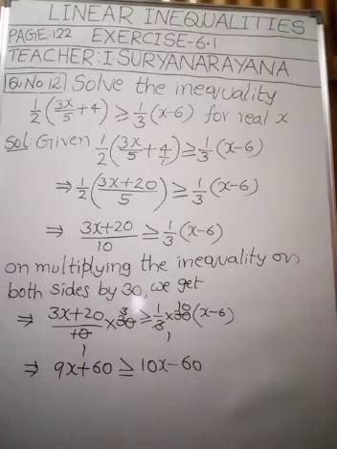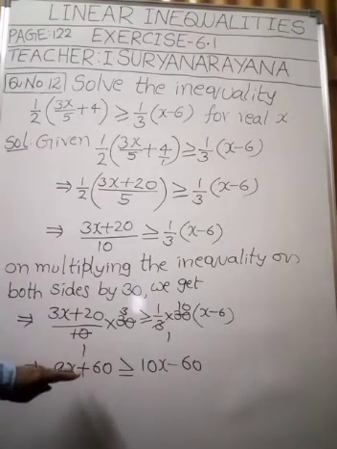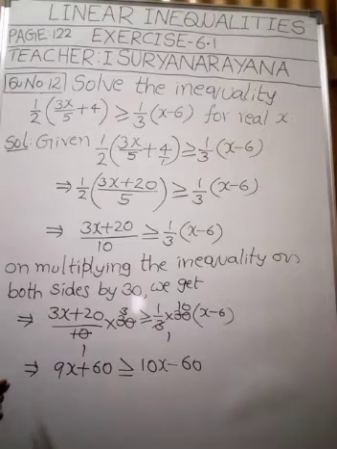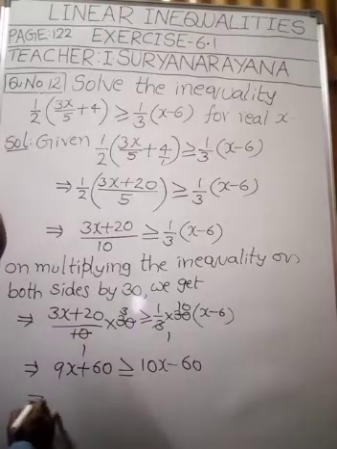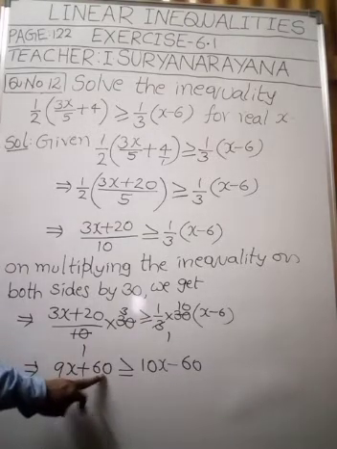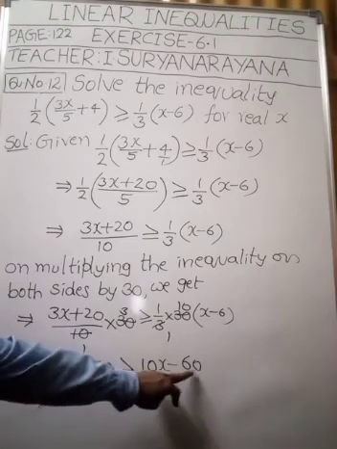Right. So we wrote the inequality in the simplified form. After that, we have to write all the x terms on the LHS and all the constant terms on the RHS. Okay, my dear children? Right. This implies in the LHS this is the x term, this is a constant term. In the RHS this is the x term, this is a constant term.